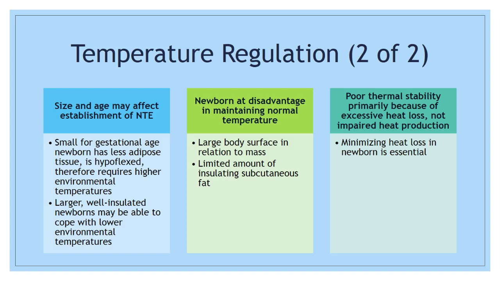They have much more brown fat instead. Because they are poor thermal regulators and because they are very prone to heat loss just because of the way they are developed, it's really important for us as nurses to minimize heat loss and teach the parents ways that they can minimize heat loss as well.